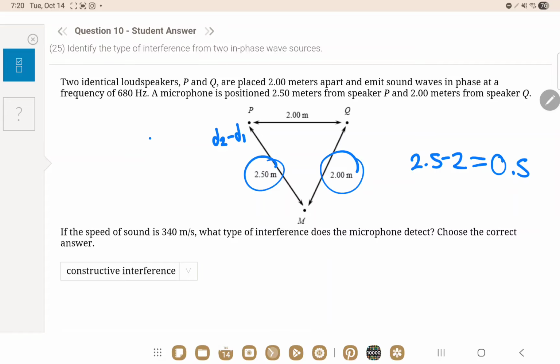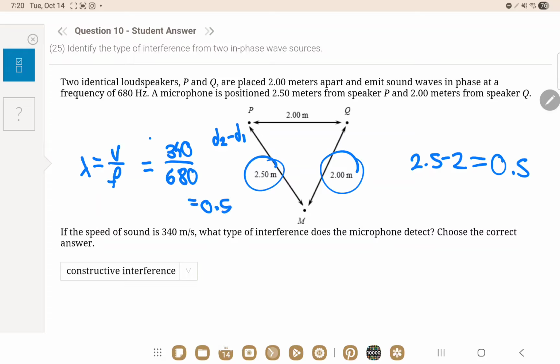Then you need to find your wavelength. Wavelength equals speed over frequency. So when you put your numbers in, 340 divided by 680 is equal to 0.5.